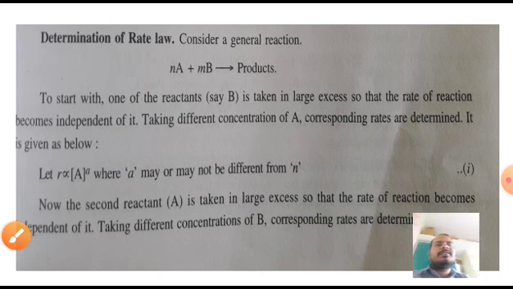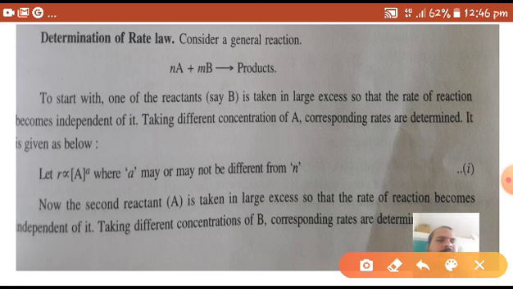Determination of rate law. Consider a general reaction, aA plus bB gives rise to products. To start with, one of the reactants is taken in large excess so that the rate of the reaction becomes independent of it. If we take any reactant in large amount, then the rate of the reaction doesn't depend on the reactant taken in excess.